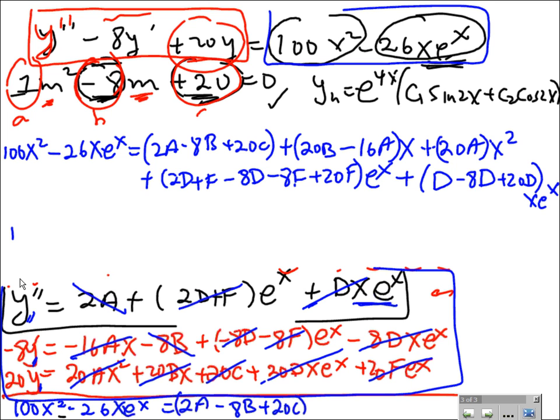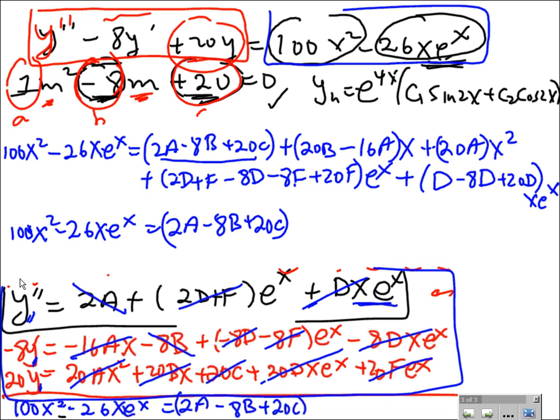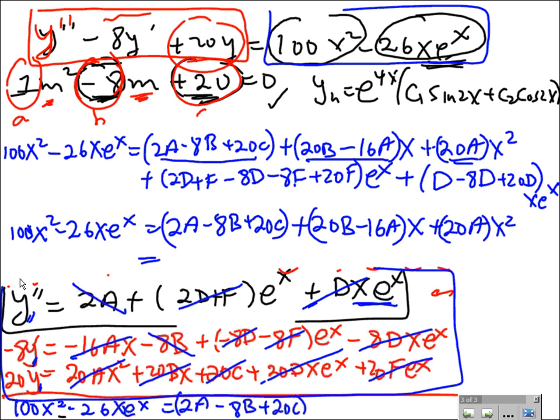So let's combine like terms within those brackets. The first bracket, there's no like terms. It's 2a minus 8b plus 20c. That's the constant. Plus the second bracket, nothing to combine. That's how many x's I have. Third bracket, obviously nothing to combine. But then the next two I do.